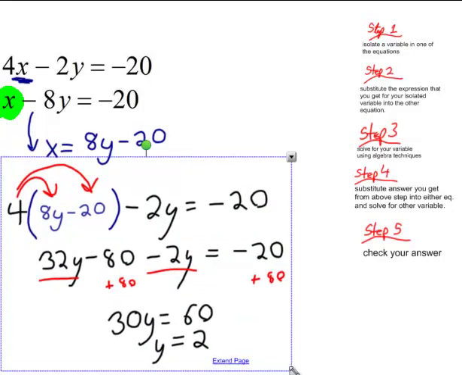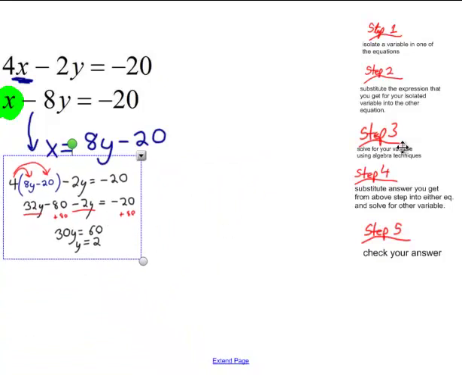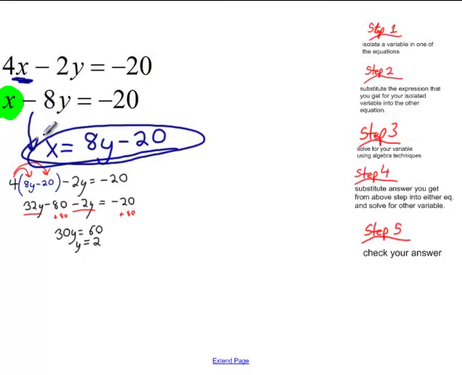Alright. So now that I know y is equal to 2, that was solving step 3, was finding out y is equal to 2. Step 4 now, so I'm going to substitute my answer into either one of the equations to solve for x. Well, note that this equation is already isolated for x, so this is the easiest one right here to use.